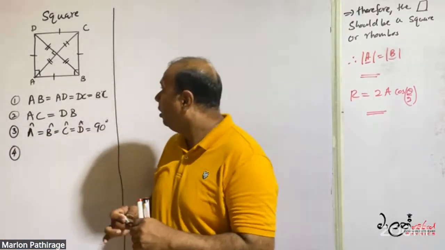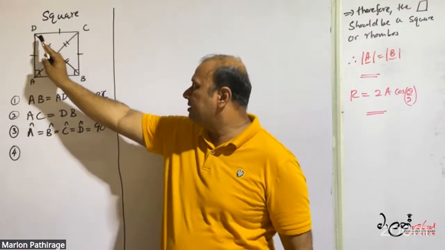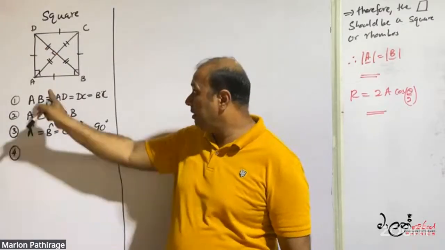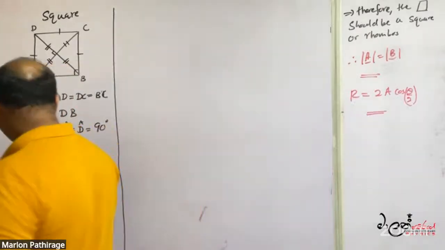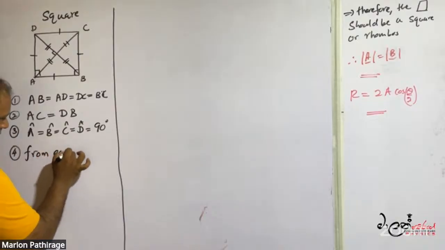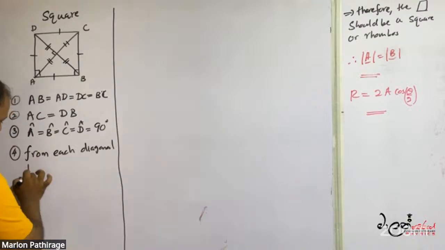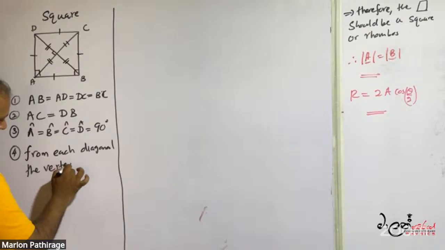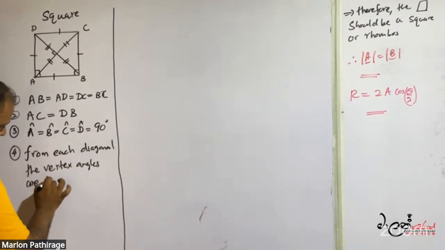From each diagonal, these vertex angles are bisected. That means one half should be equal to 45 degrees. Therefore, from each diagonal, the vertex angles are bisected.